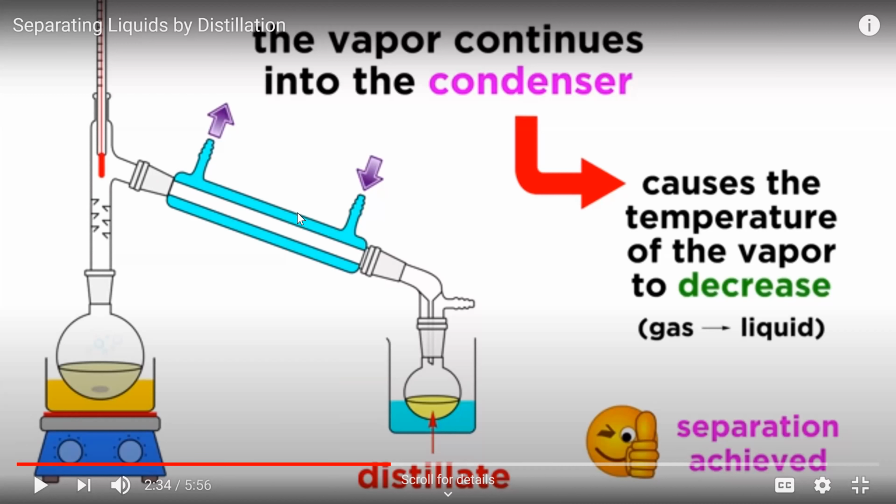So maybe there's one stacked here, and maybe there's one stacked on top of that, okay? So the first one that reaches its boiling point is gonna come off here, and the second one that reaches its boiling point will come off here. And we can collect it because we know that if you cool off a gas, it turns back into a liquid, okay?